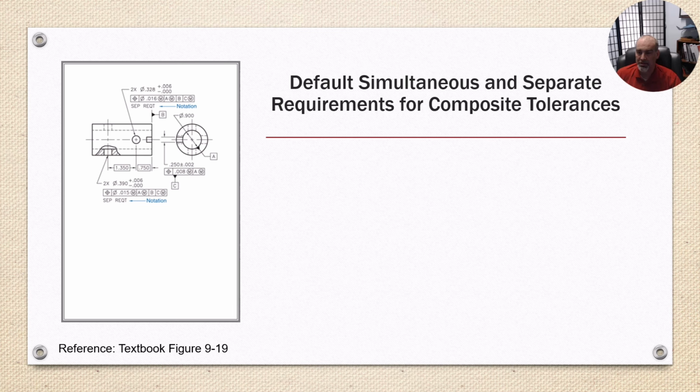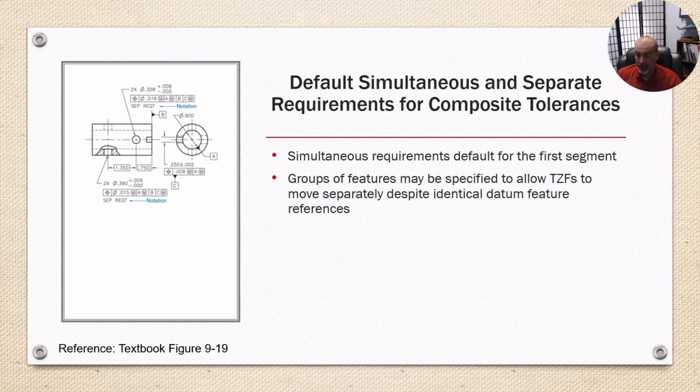Now here is an example of the same part, except they've explicitly labeled separate requirements. The simultaneous requirements are the default for the first segment, and a group of features may be specified to allow the TZFs to move separately despite identical datum features.